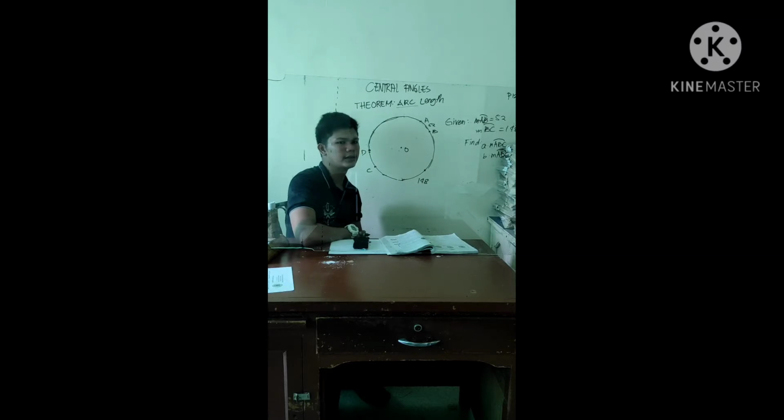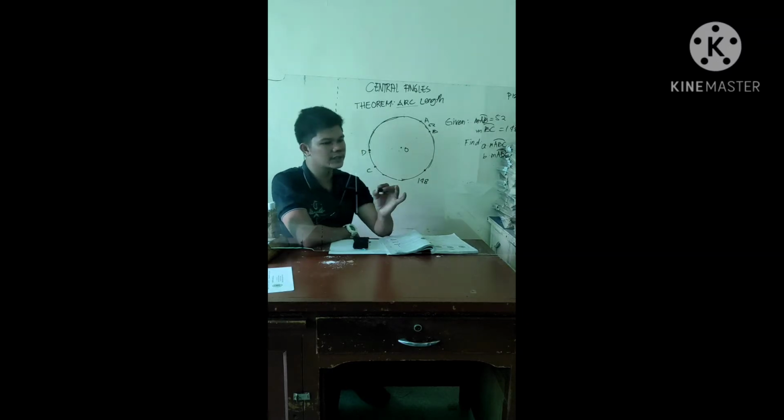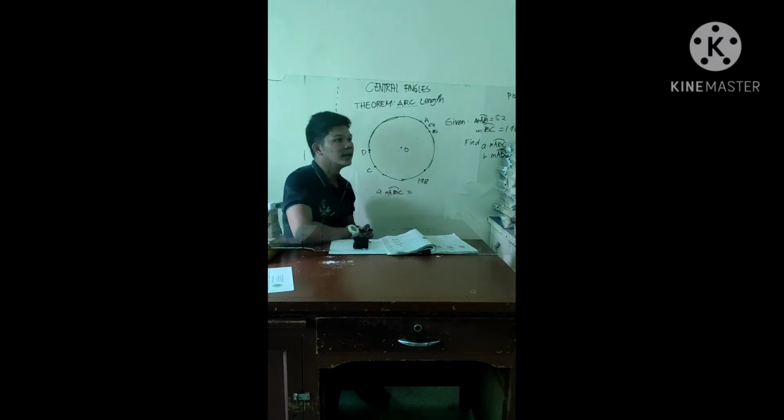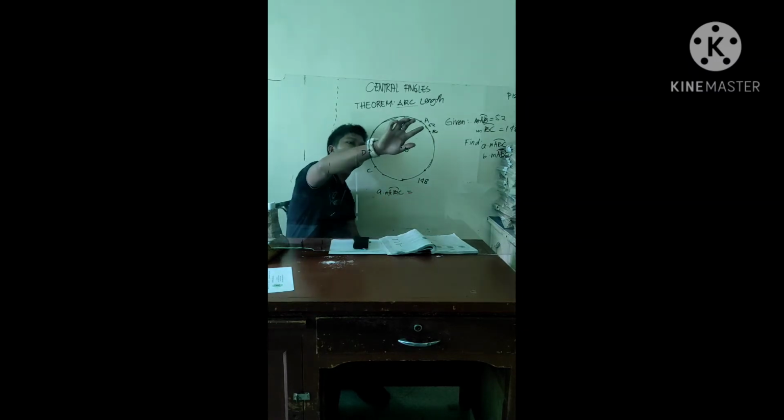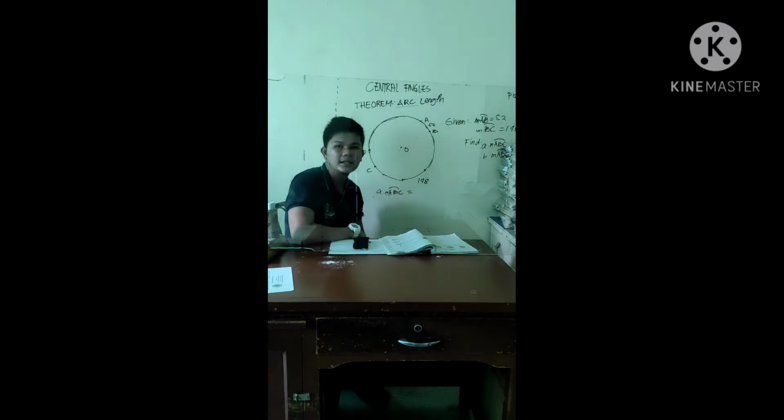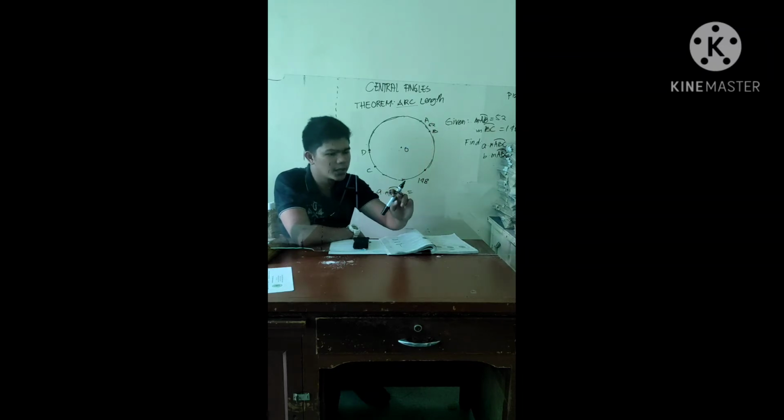148. Okay. So, first letter A, we have ABC. Measure of your arc ABC is equal to, sabi sa postulate na arc addition postulate, i-add lang daw natin yung dalawang adjacent arcs para makuha natin si measure of your arc ABC.